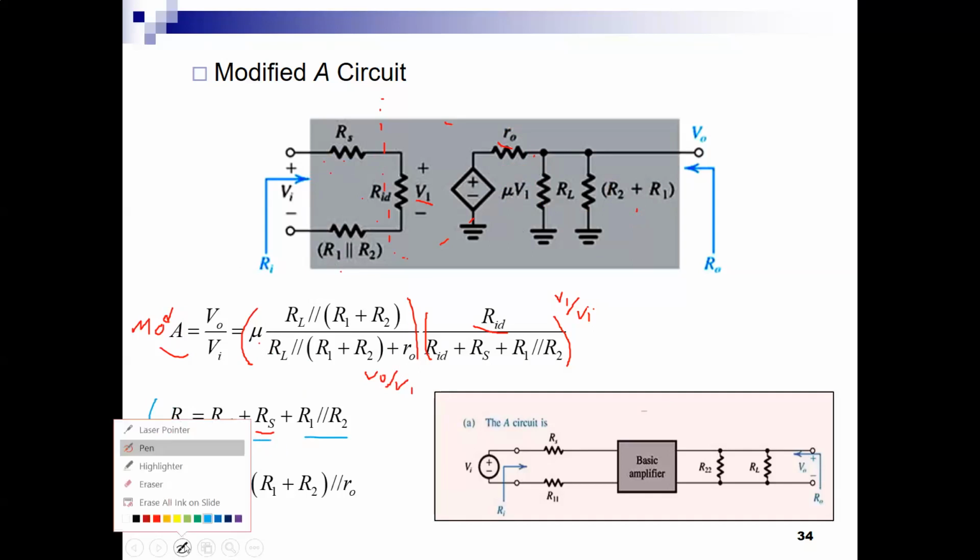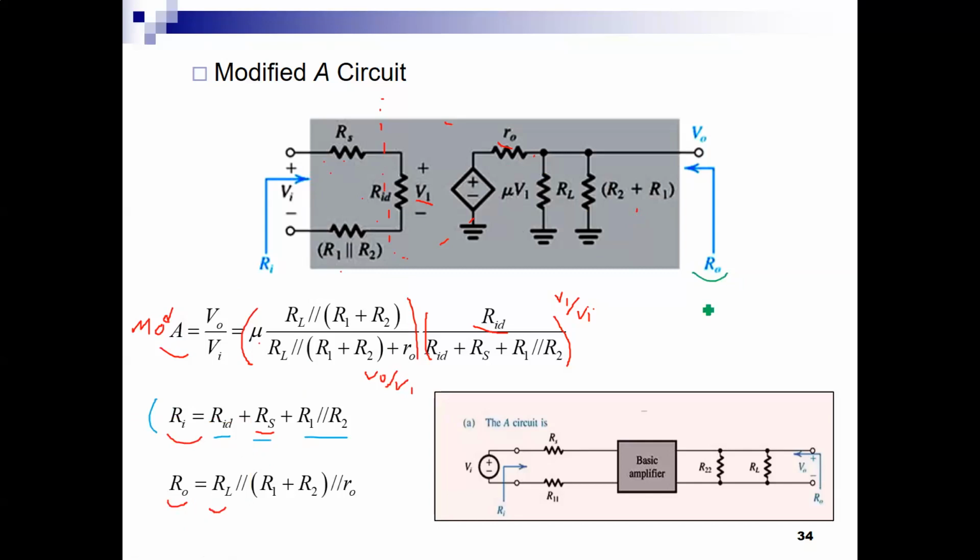The next step is I need to find for my circuit what RO is. So what I do is I set the input to be 0, meaning this node became grounded, already ground, and we shorted it. And mu V1, since the whole loop has 0 voltage, is also 0, so that is shorted.